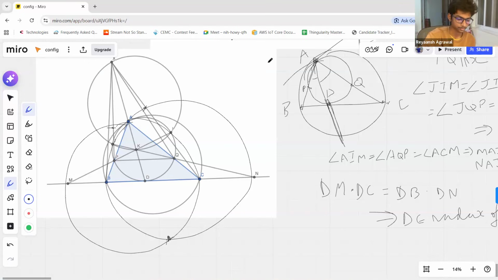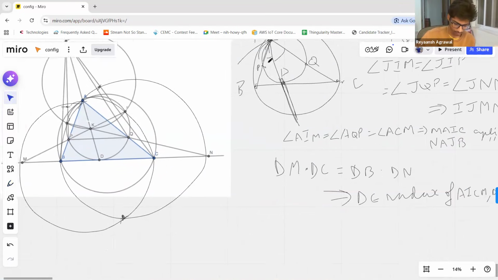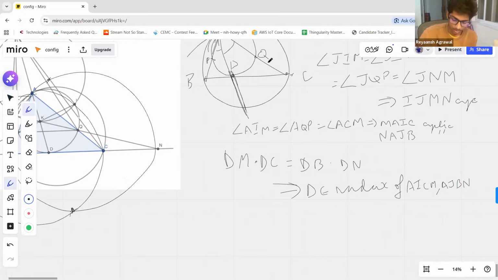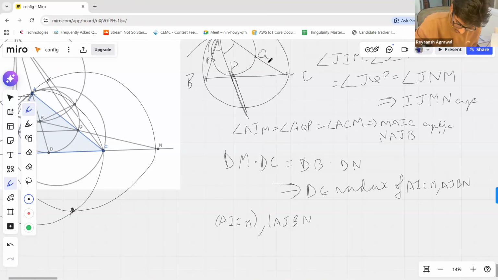So, okay, so AJBN and MIJN. We can just do radical axes on this, and so A, K, D are collinear.